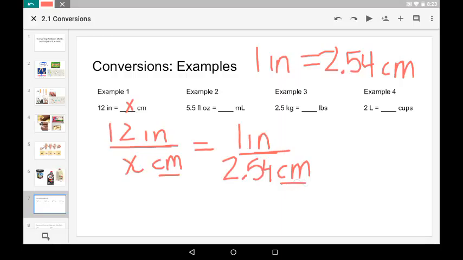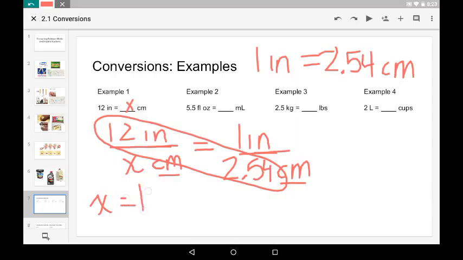Then to solve this, you cross multiply. If you remember, that means you multiply the ones that are across from each other diagonally and divide by the other number. So to solve for x, you multiply 12 times 2.54, and then divide by 1, which I'm not going to write down because when you divide by 1, you end up with the same answer anyway.